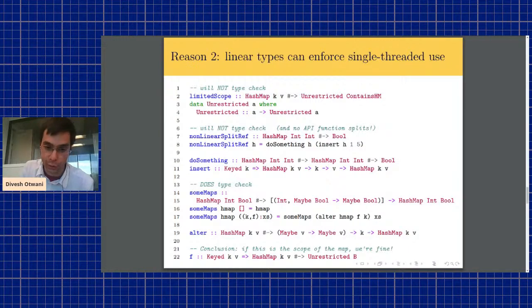And line 22, the conclusion of these two points, is that if we have a function of type hashmap kv, linear consumption to unrestricted some type b, whatever capital B is, we can be sure that this is the entire scope of the hash map. It can't be inside the B because of how unrestricted it is, and that it's used in a single-threaded way. And B is some result type. And so we have a way of completely limiting the scope and making sure it's used in a single-threaded way the whole time.